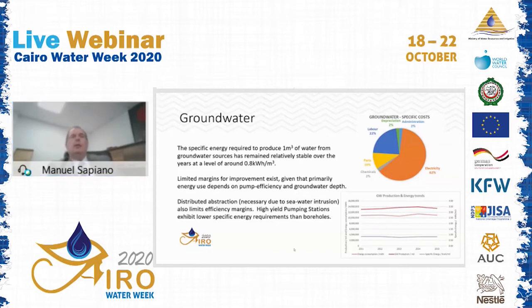But I think it is important to note that it is not just desalination which requires energy, but also groundwater pumping. Given that energy goes mainly to pumping equipment, the margins for reduced energy are also quite difficult, but that energy is there in itself.